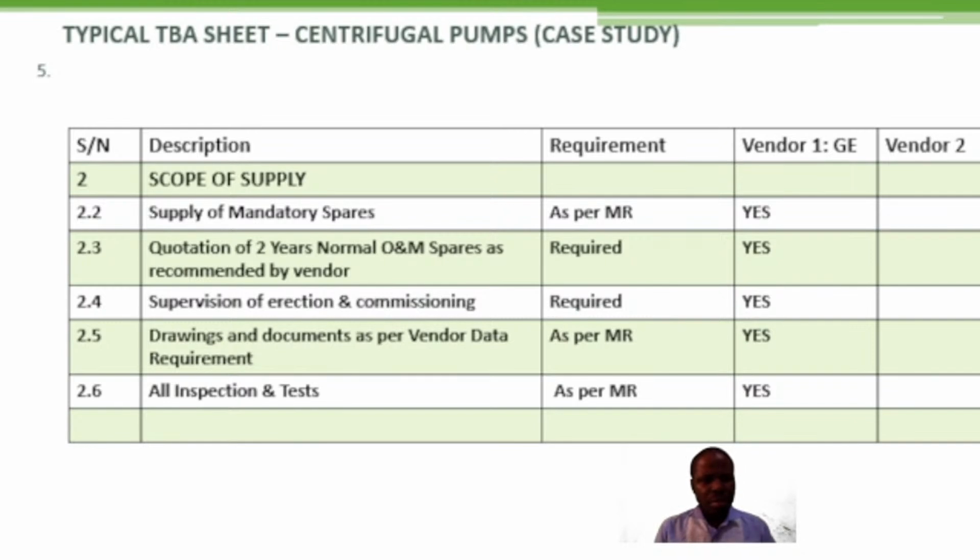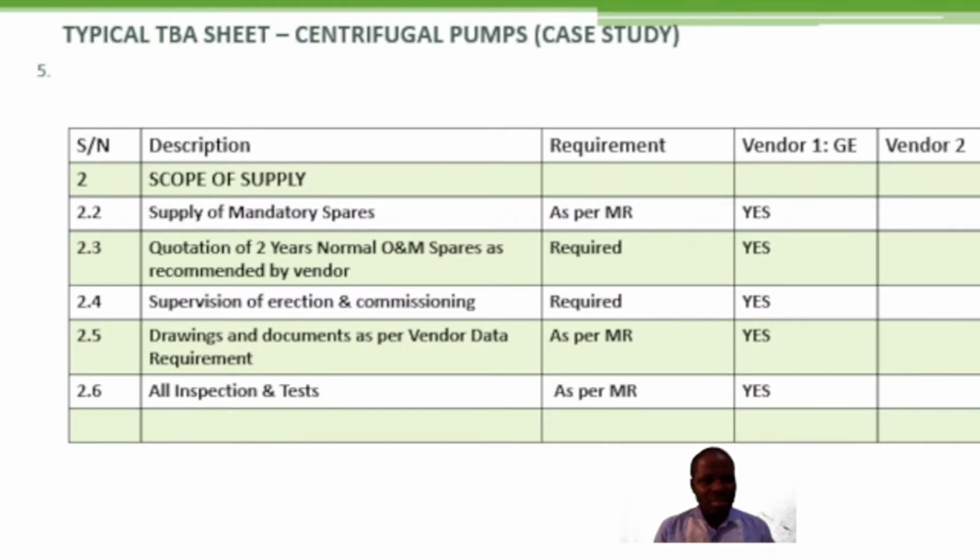Then, of course, the supervision of erection and commissioning activities, has it been listed by the vendor as required in your MR? So you look at drawings submitted and documents as per vendor data requirement. Is it as per what you listed in your material requisition? If it is yes, you will indicate yes. If it is no, you will indicate no for any vendor.